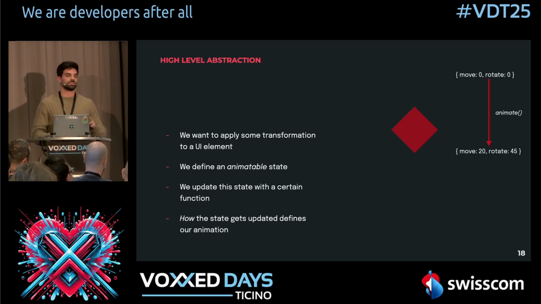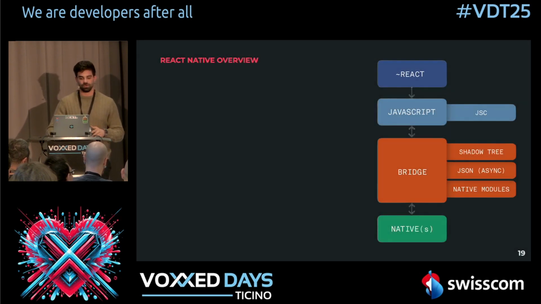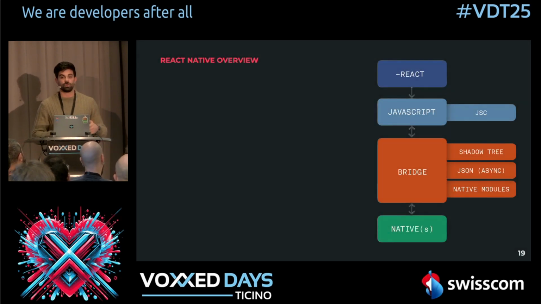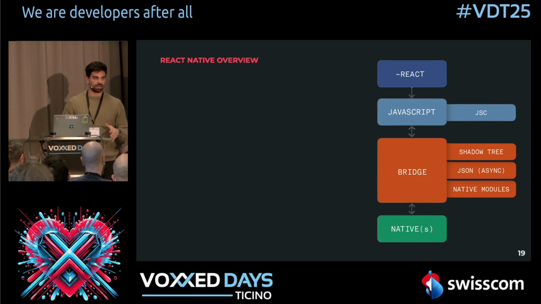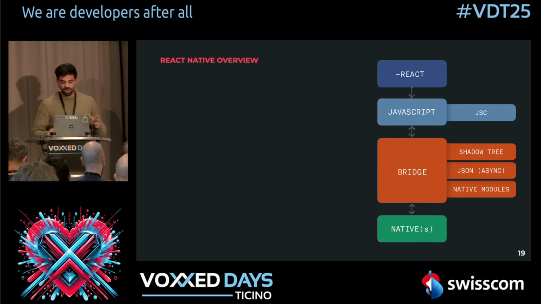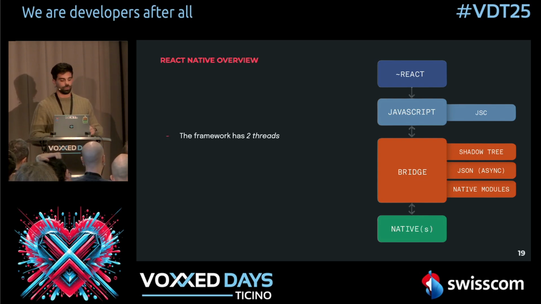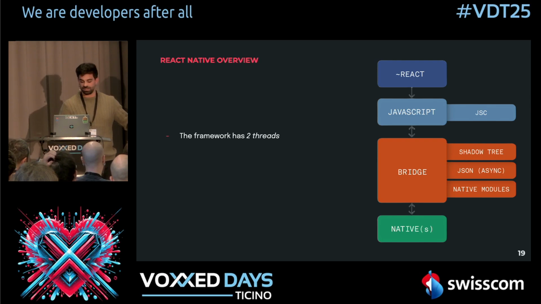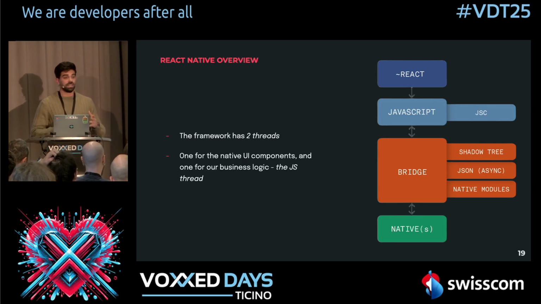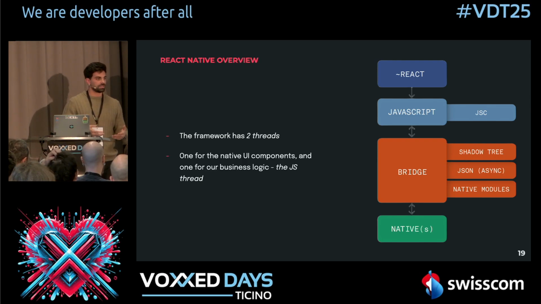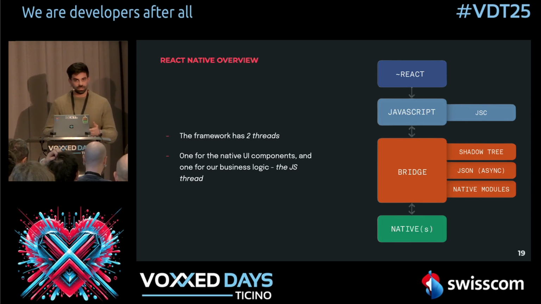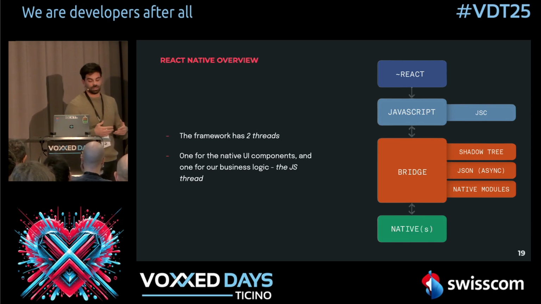So as the premise of this talk, we're going to be using React Native. So let's give a quick overview or a recap about what the framework React Native is. React Native has two threads. One is the native thread, and one is the JavaScript thread. The native thread is reserved for the UI components, for all the native logic, and the JS thread is just used for the business logic.